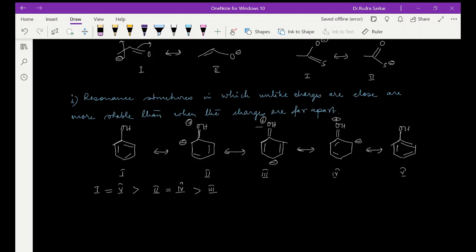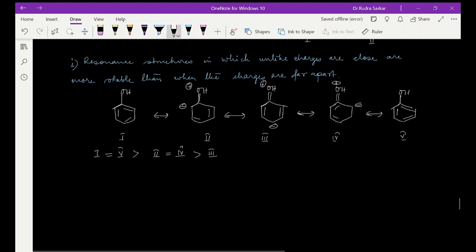Okay. So when unlike charges are lying far apart, those structures are less stable.